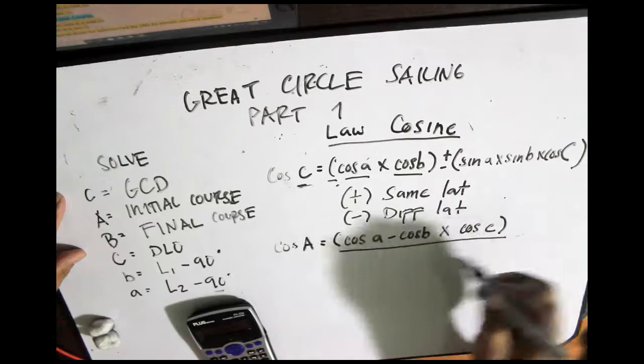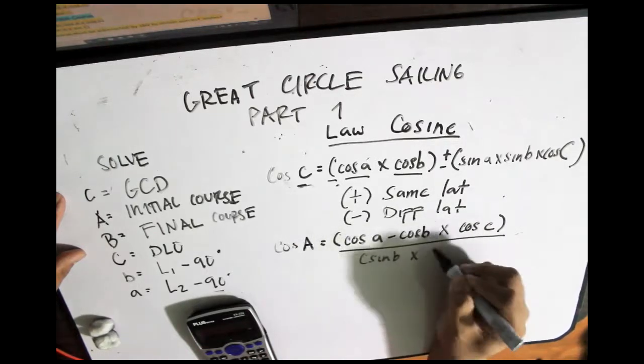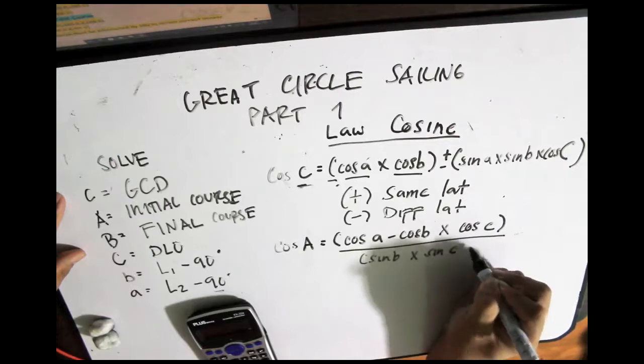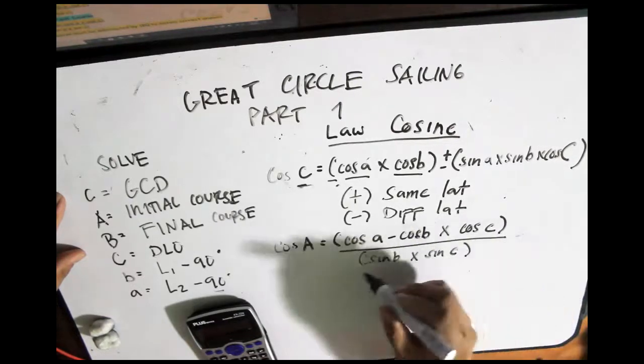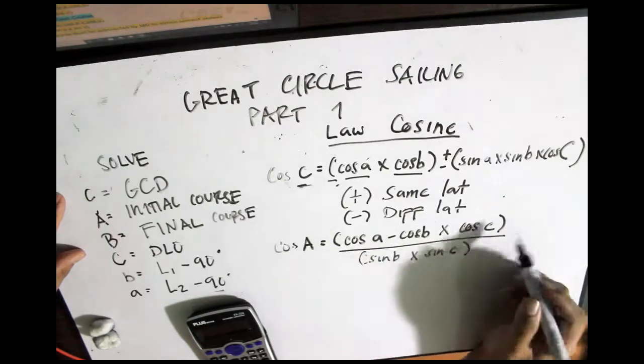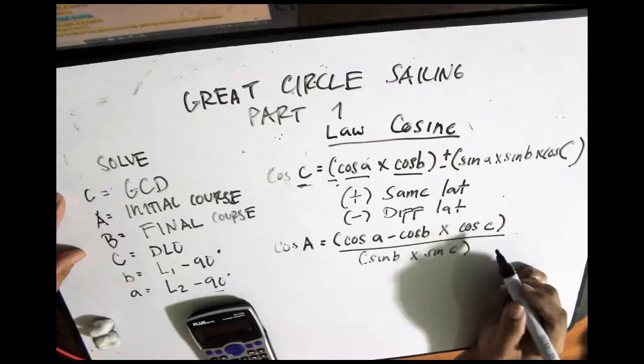Then, you divide it by sine B times sine C na small letter. Okay, so this would be the formula for solving for the initial course.